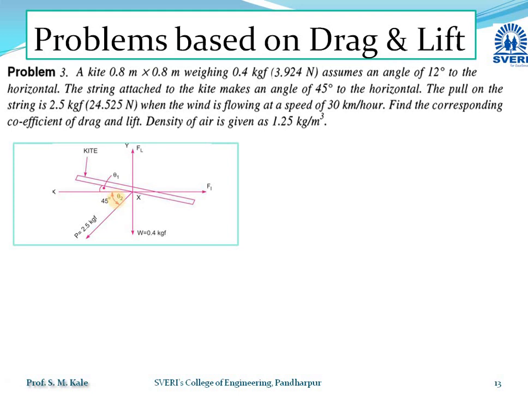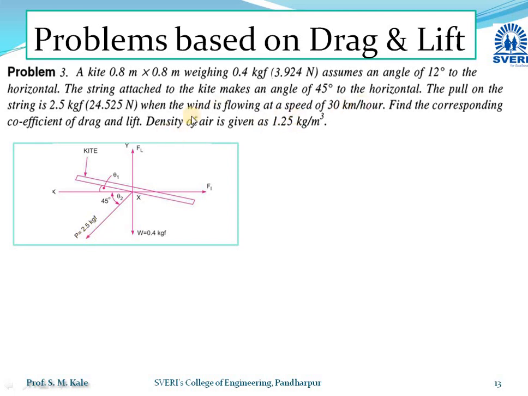So for the pull on the string, if I draw the free body diagram, the pull in the string will be acting towards this direction, and the value of that pull is 2.5 kg force, that is 24.525 Newton. When the wind is flowing at a speed of 30 km per hour, the direction of wind will be towards this direction. The wind is flowing towards this direction, and only then will that pull act towards this direction. So the speed of wind is 30 km/h.